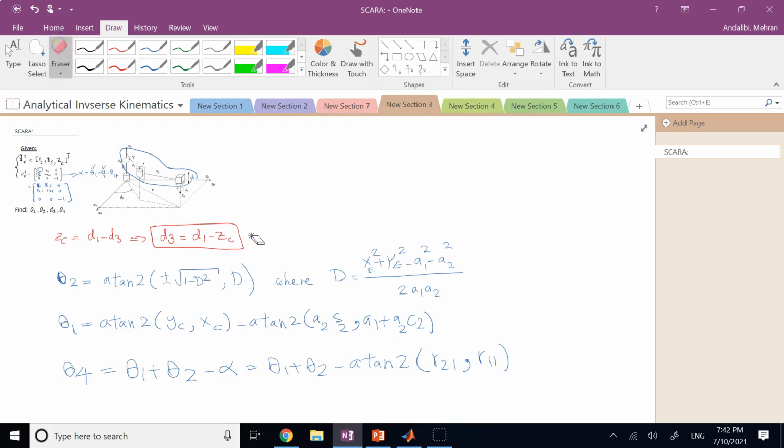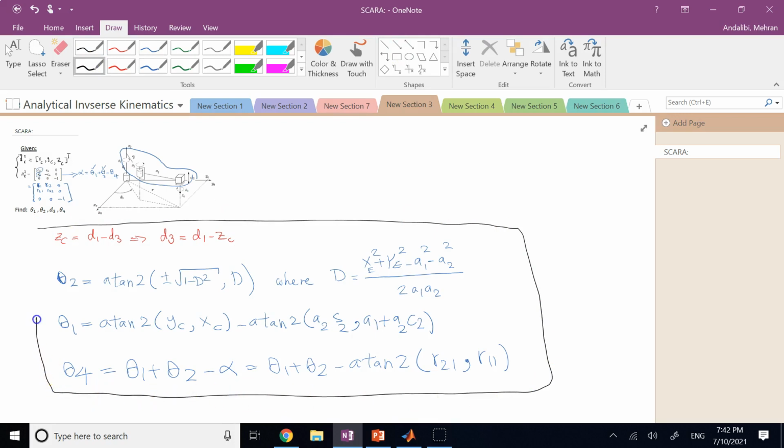You got all of your equations. This is all you need. If I give you the R matrix and XC, YC, ZC, and you know the dimensions A1, A2, and D1, from here you can get all of your 4 joint variables, and these are analytical functions.